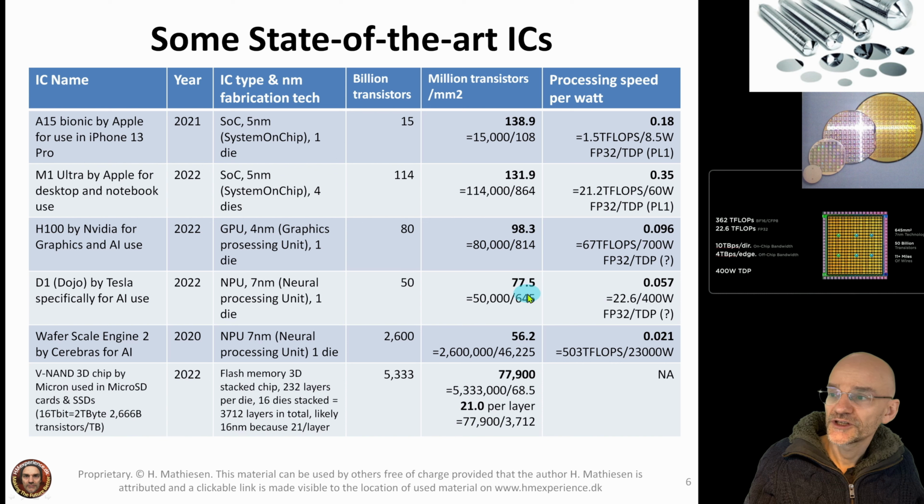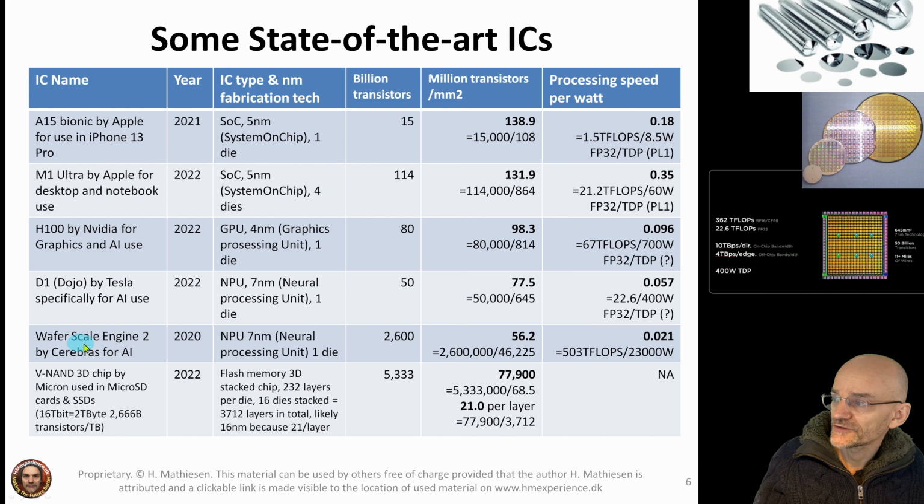But it's fair to mention that the H100 by NVIDIA is built on the very latest in processor technology. It's built on 4 nanometer technology, whereas the D1 from Tesla is built on 7 nanometer technology. So obviously Tesla will have another chip in the works based on this 4 nanometer technology that's faster and better, so they can squeeze more power out of it.